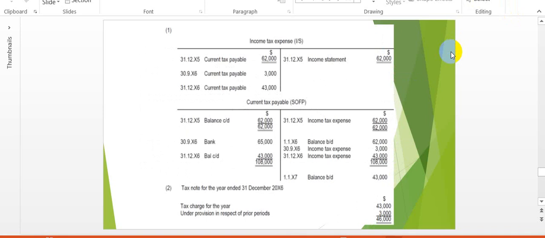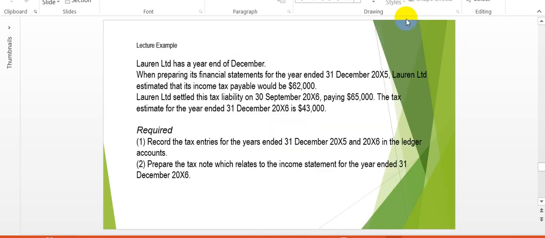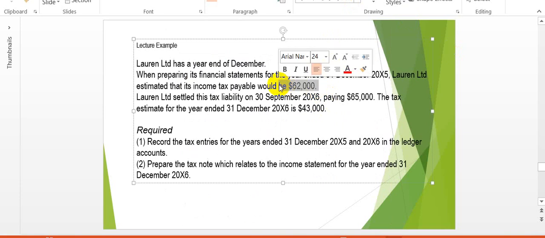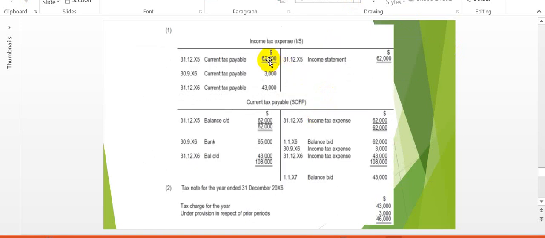So we open our income tax expense account. We've got the current tax payable of $62,000. Again, tax is an expense, so it's going to have a debit balance. So $62,000.